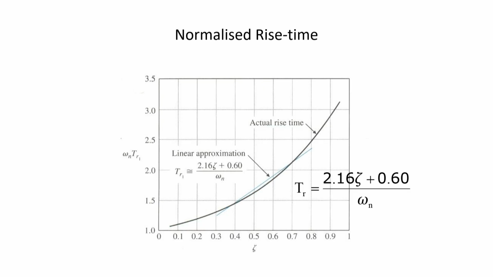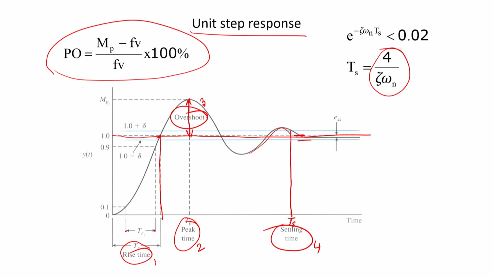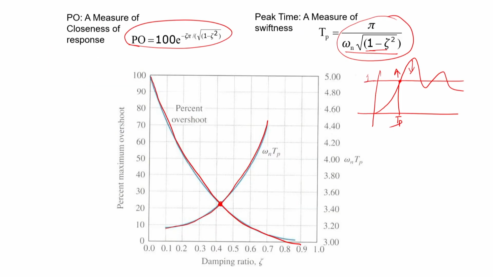Now, the rise time I talked about, that is related to this 2.16 zeta plus 0.6 over omega n, and that is a function of the damping ratio and the omega n, both of the system. Okay. So, now with respect to these 4 parameters, if I now look at this curve, then we would see that we have these 2 important time domain representations here. One is this rise time and another is this peak time TP.